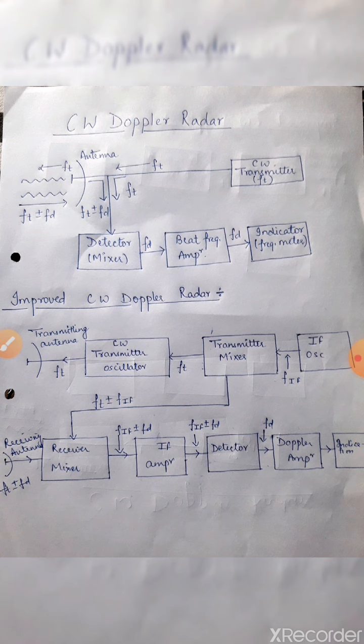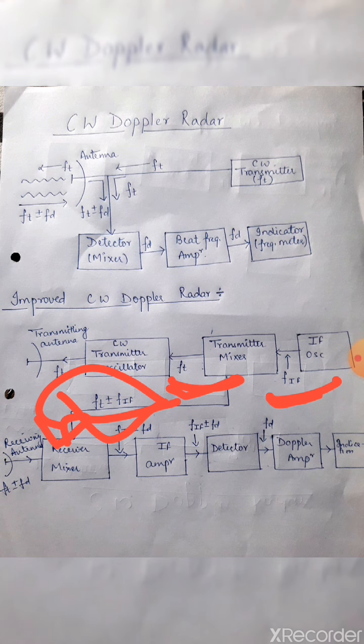Let's study how this improved CW radar works. A small portion of the transmitted frequency Ft is mixed with the output of an IF oscillator in the transmitter mixer, and the sum of these two is fed to the receiver mixer. The sum of Ft plus Fif is fed to the receiver mixer, as shown here.